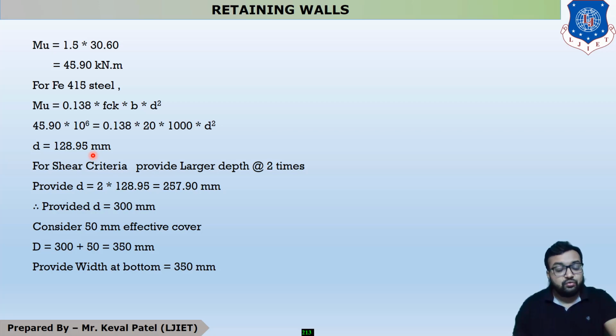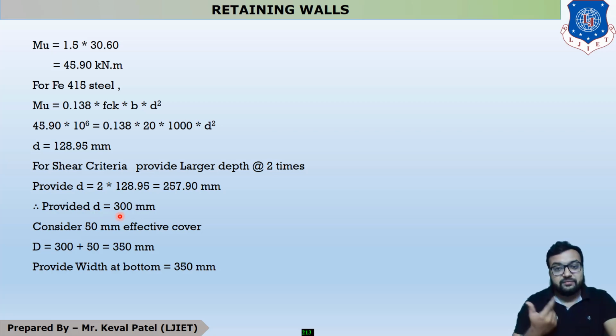It is equal to 128.95 mm. But this value is very small, so we have to provide 2 times the answer. So our small d is equal to 257.90 mm minimum. So our final answer is 300 mm, but this is our small d.